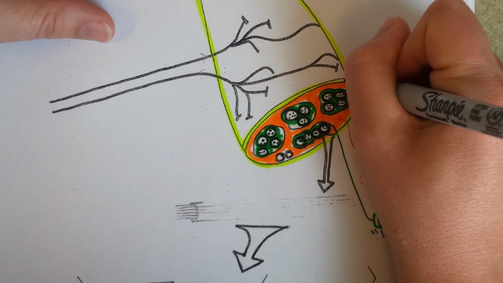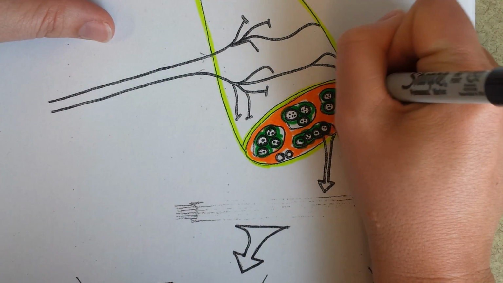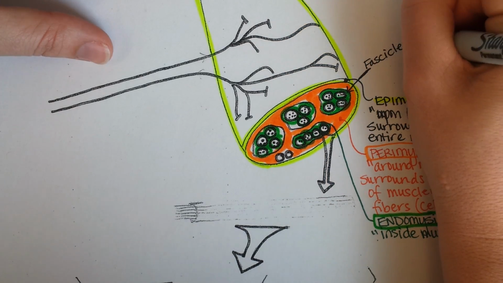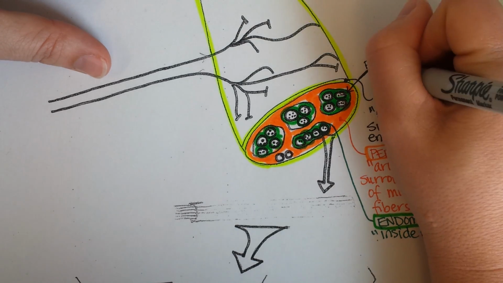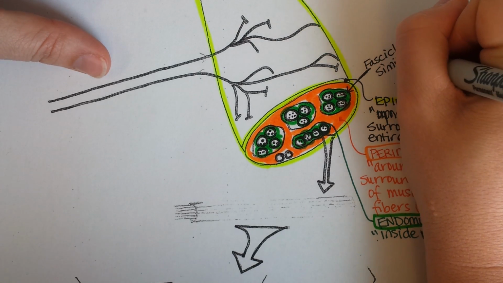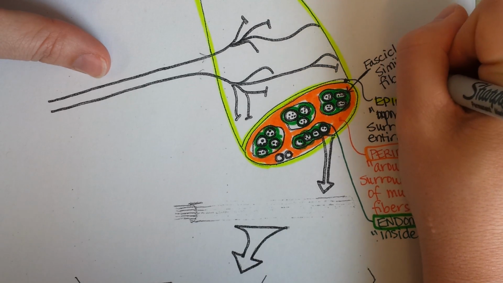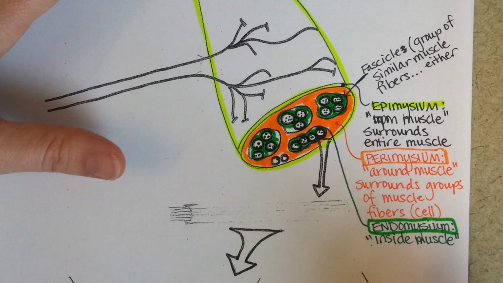So a fascicle is a group of similar muscle fibers, either slow twitch or fast twitch, or there's intermediate.